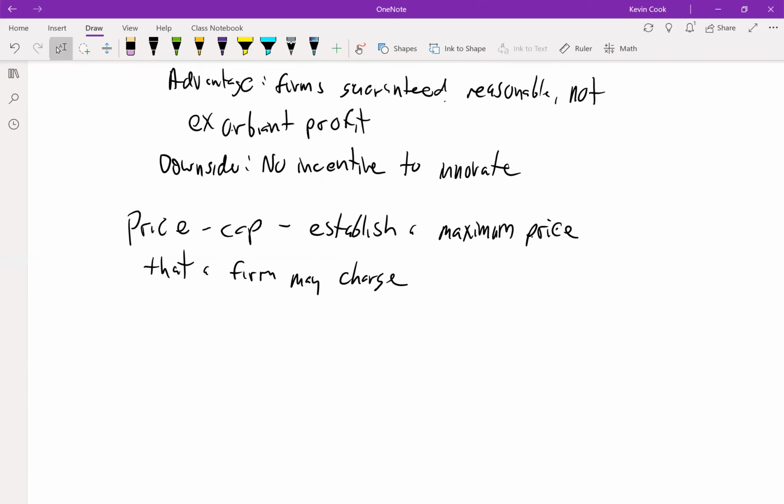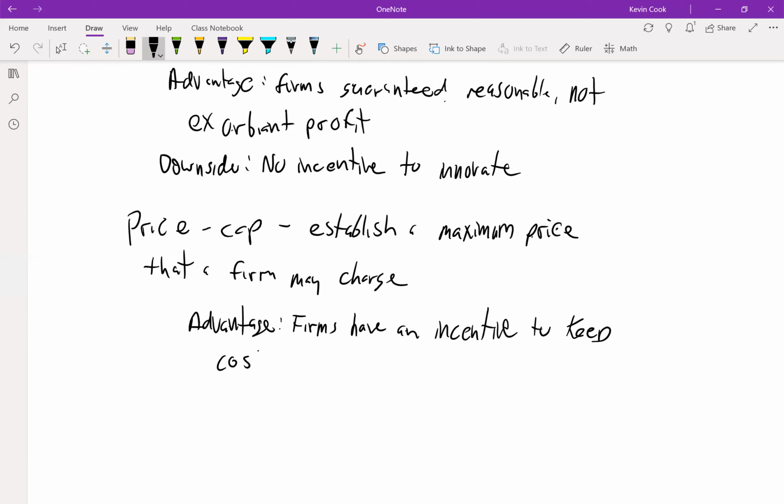And what we're going to see is the advantage is that firms have an incentive to keep costs below that price cap, so that they can make profits.